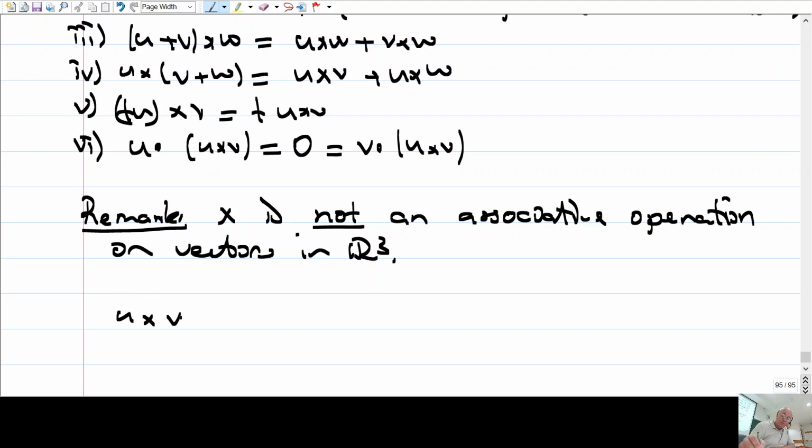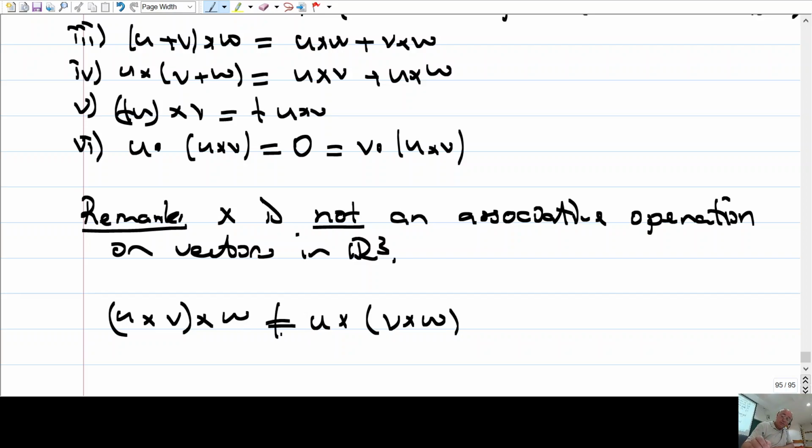u cross v cross w. Okay. You can take cross product of three vectors like this. First, take the cross product of the first two ones, and then take the cross product of the resulting vector with the third one. Or you can do this. First, take the cross product of the last two, and then take the cross product with the first one.